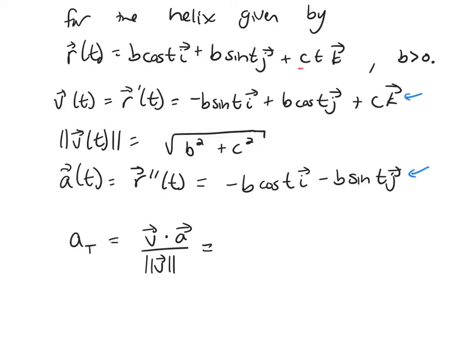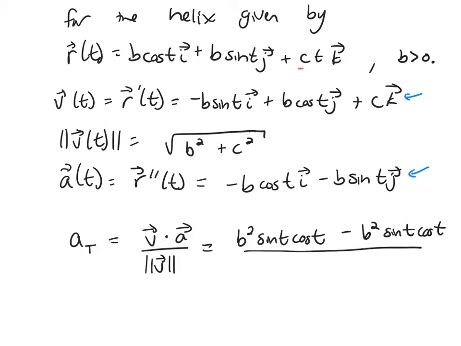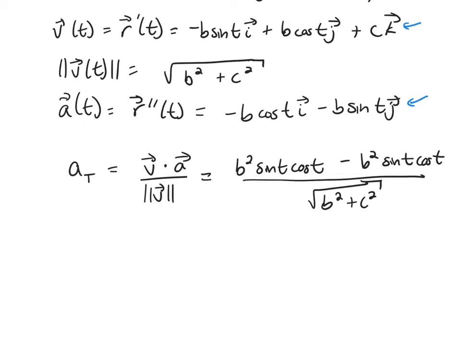I'm going to get b squared sine t cosine t minus b squared sine t cosine t over the square root of b squared plus c squared. But if you look in the numerator, you're going to get 0. So our tangential component of acceleration is 0 here.